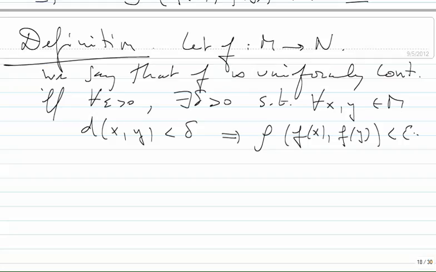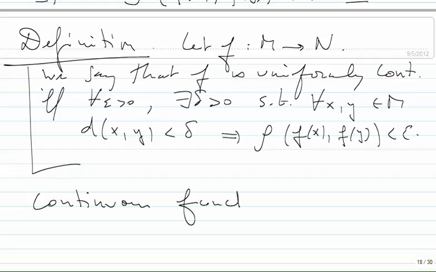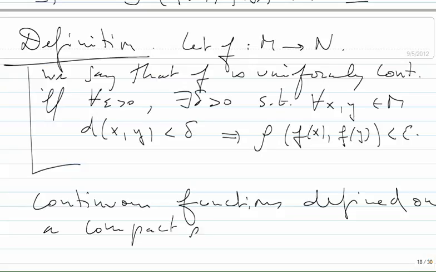In other words, what we just proved is that continuous functions defined on a compact set are uniformly continuous.